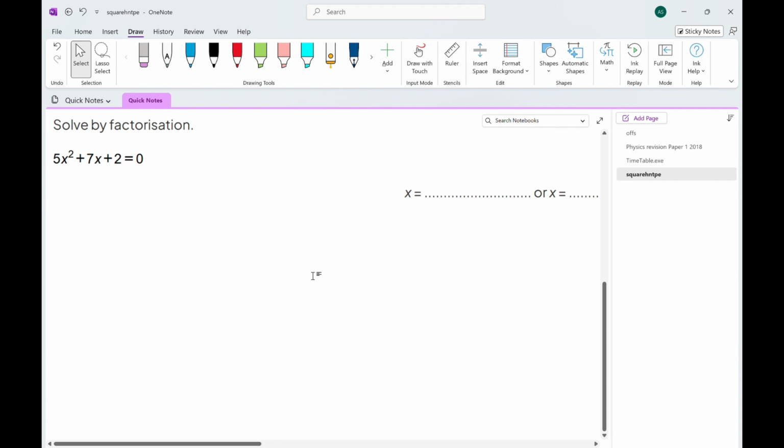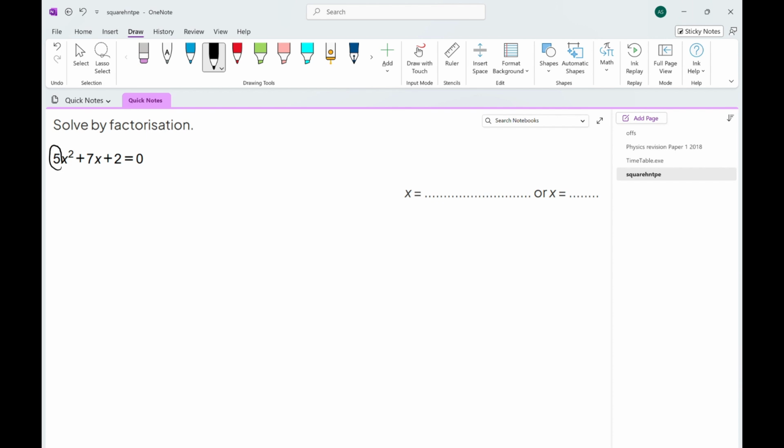Now we move on to a harder equation where there's actually a coefficient, or a number, at the start of the x squared. What we need to do here is multiply this number by our last number, so we get 10 at the end. Imagine there was a 10 there. So we need a sum of 7 and a product of 10.